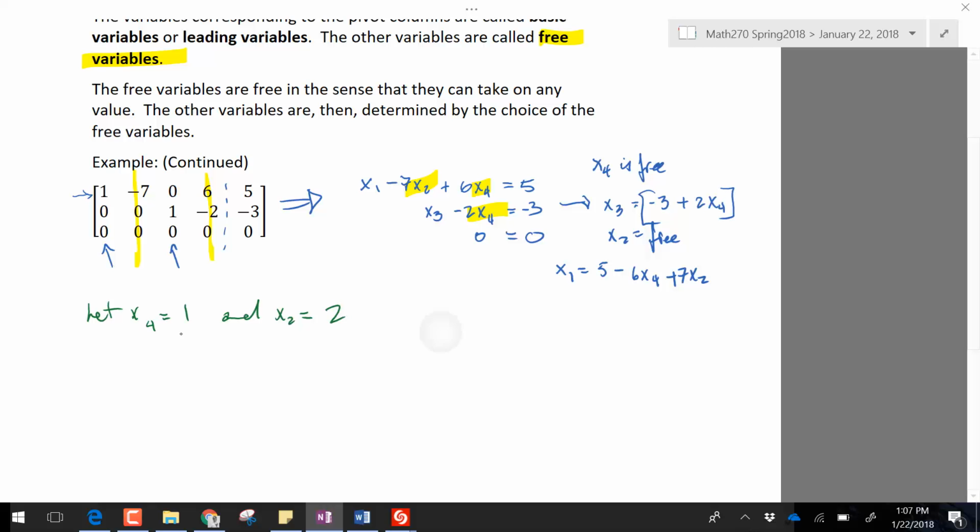So this is randomly selected. But let's say if x4 is equal to 1 and x2 is equal to 2, then what's x3 going to equal? So this is going to give x3 equal to minus 3 plus 2 times x4, which we said was equal to 1, negative 1. And then x1 is going to be 5 minus 6 times x4 plus 7 times x2, which is going to be 13.